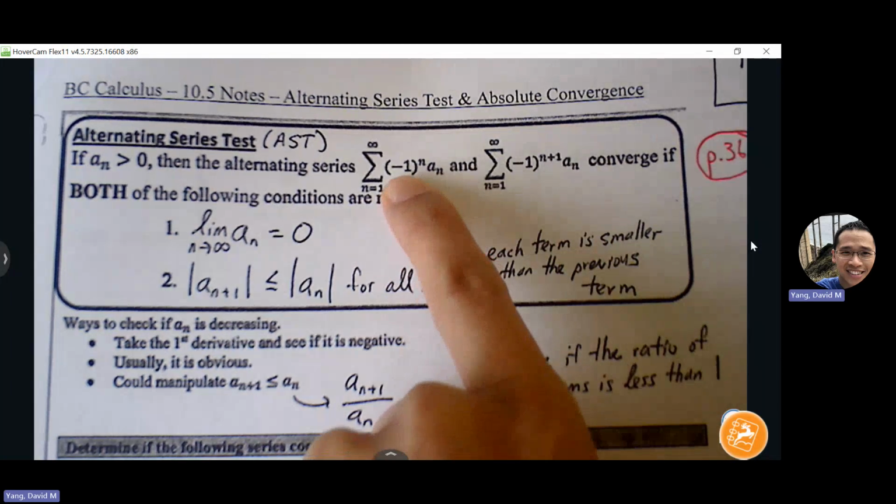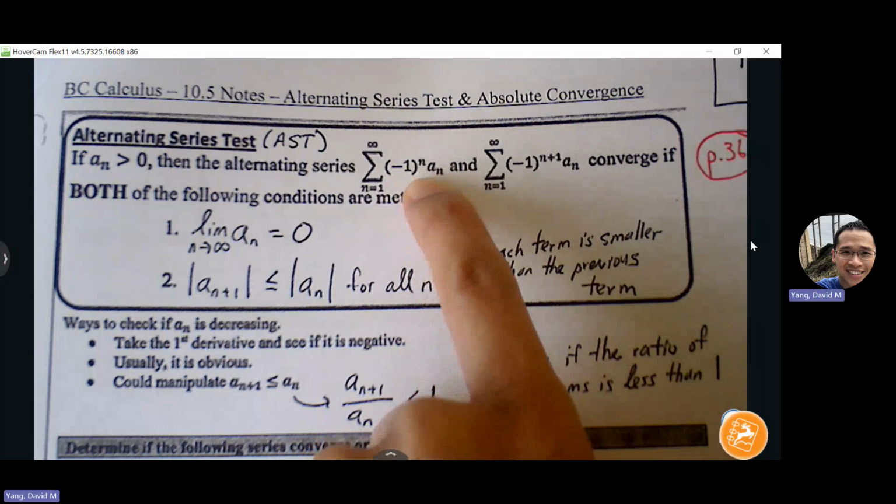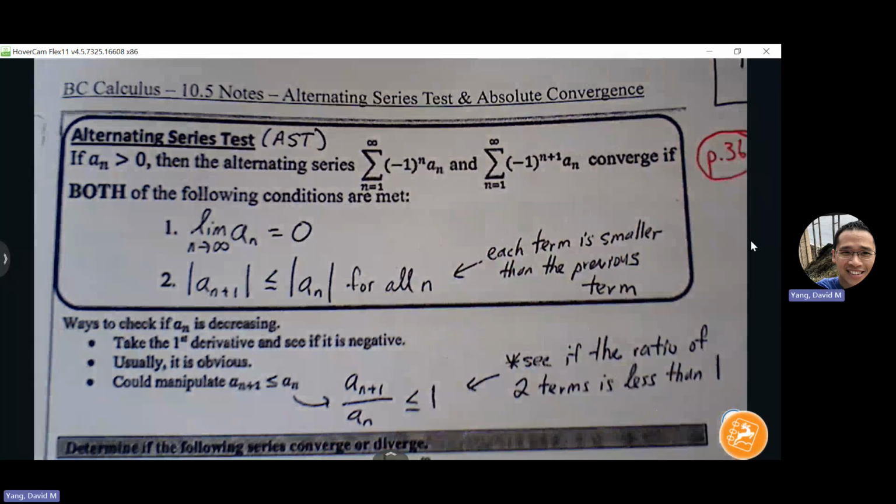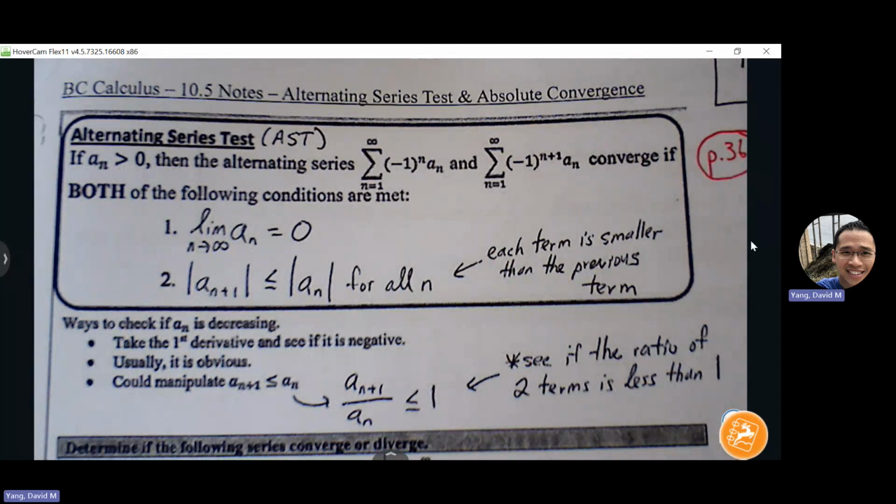So the -1 to the n, what is that going to do to each of the terms as I add? Yeah, it's going to change from positive to negative. So basically we're adding something, then subtracting something, then adding something, then subtracting something. So if you had to guess, is the restriction going to be less or more strict if we want to find if an alternating series is going to converge or not?